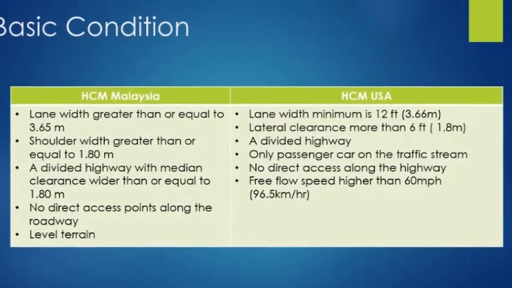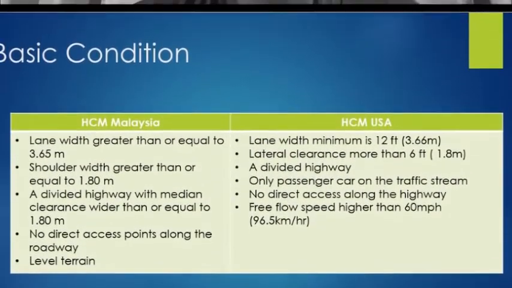Okay, now let me explain the differentiation between HCM Malaysia and USA for multi-lane highway. For the basic conditions for HCM Malaysia, first, lane width greater than or equal to 3.65 meters. Next, shoulder width greater than or equal to 1.8 meters.